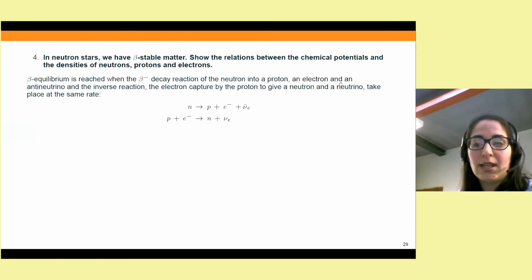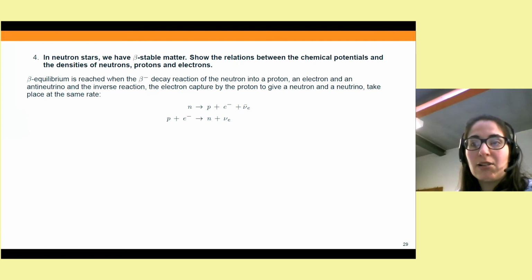So what was beta equilibrium, if we remember? That was that we had to reach the equilibrium with respect to weak decays, and in neutron stars this is nothing else but the beta minus decay of the proton into a neutron, giving an electron and a neutrino. Okay, and this has to be in equilibrium with the electron capture by the proton to give a neutron and a neutrino. Okay. This is what is called beta equilibrium.